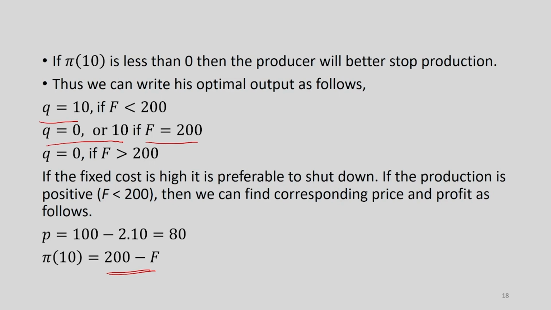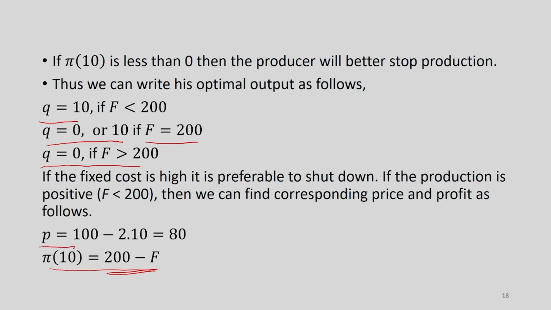And finally, if the fixed cost is more than 200, then the maximized profit is actually negative. In that case, it is best not to produce. So, q is equal to 0. So, the summary is this: if the fixed cost is high, it is preferable to shut down. If the production is positive, that is f is less than 200, then we can find the corresponding price and profit as follows.